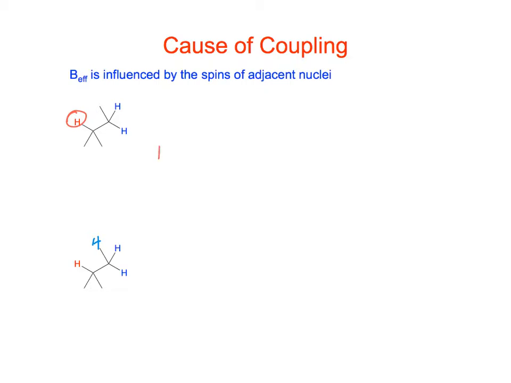They can both be aligned, if this is B0 going this way, or one can be aligned and one can be opposed, or they can go the other way, or they can both go down. Yeah, I should have those the other way, shouldn't I? Should be opposite.